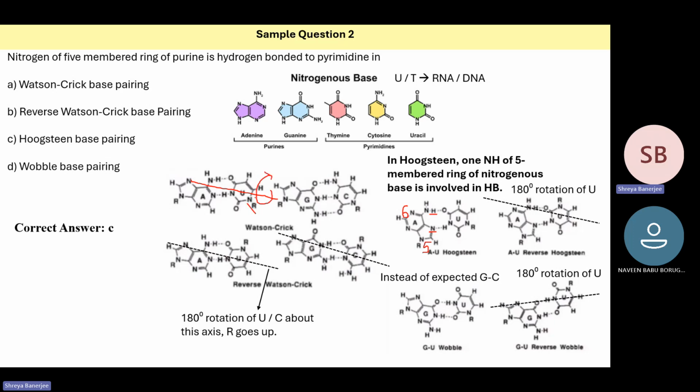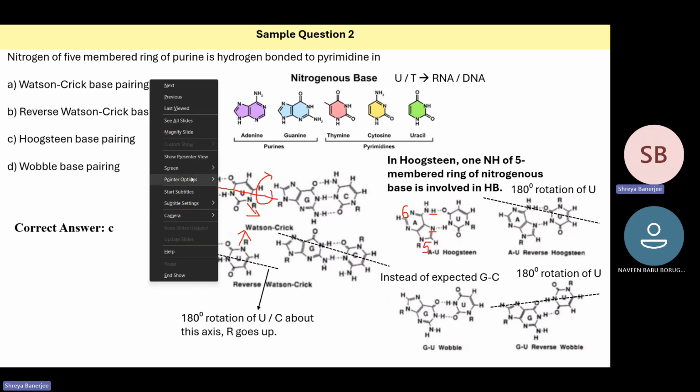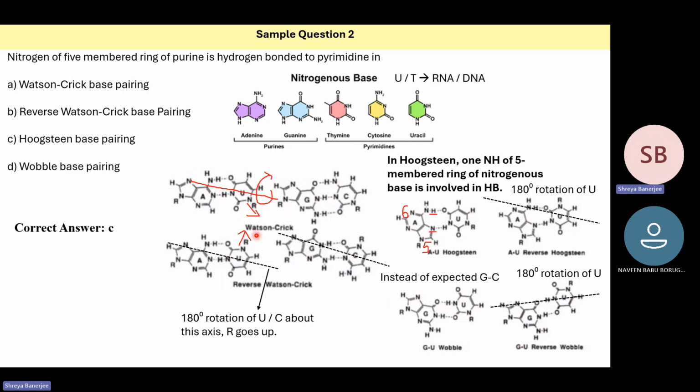This NR is pointing down, NR will now point up. So the pairing remains same. It is just that the second residue is flipped through 180 degrees. That is called a reverse. So each Watson-Crick can have reverse Watson-Crick, Hoogsteen can have reverse Hoogsteen, and Wobble can have reverse Wobble.